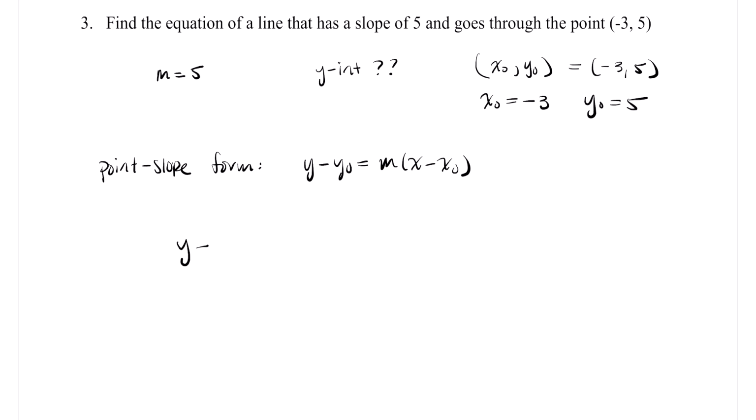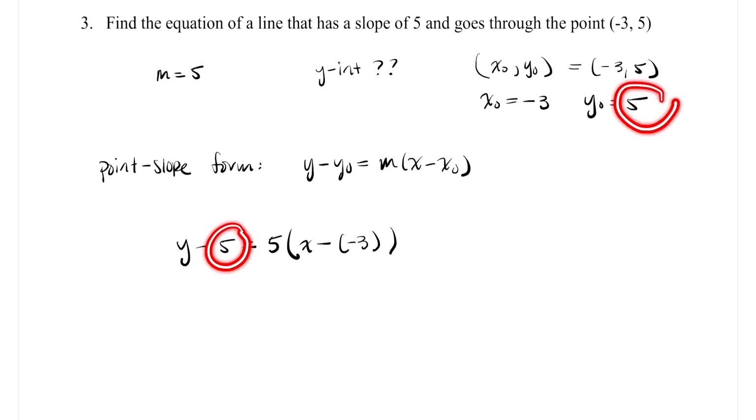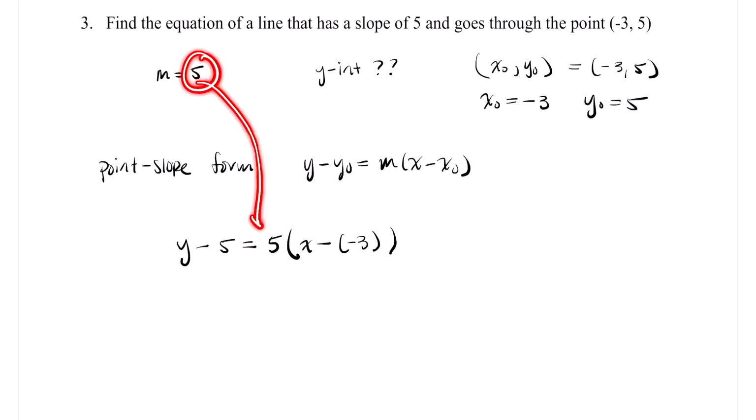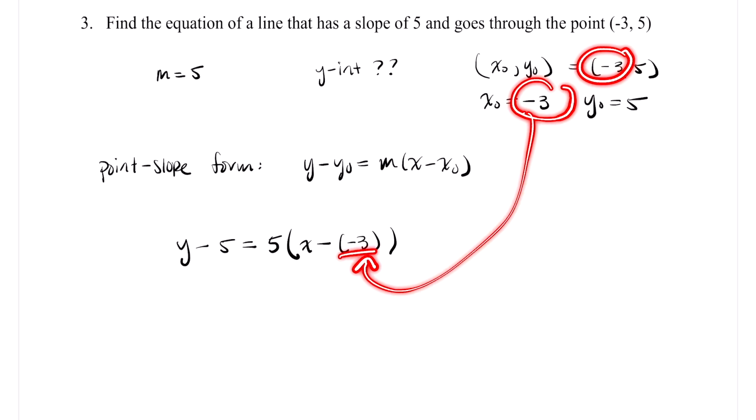So I have y minus 5 equals our slope of 5 times x minus, and we're subtracting a -3, so I'll add an extra parenthesis here so we don't get lost. So this here is the y value of the point. This 5 comes from the slope. And then, of course, I have the x value here of -3.